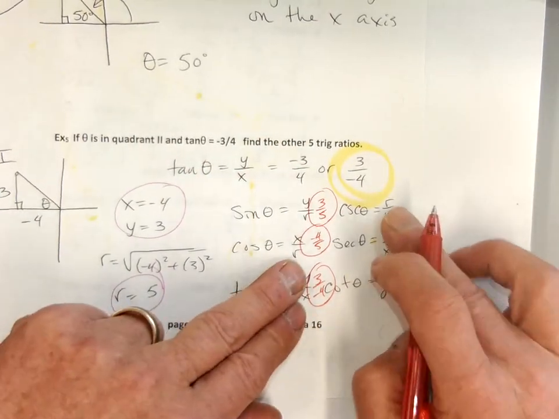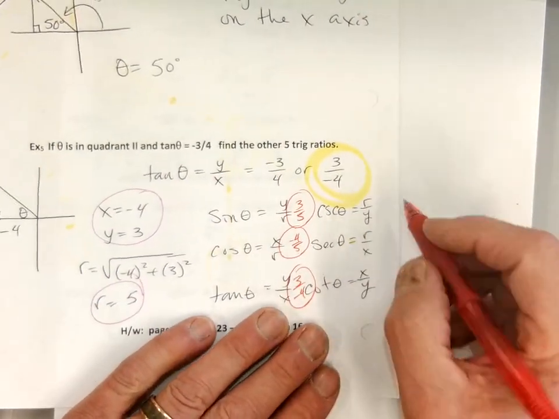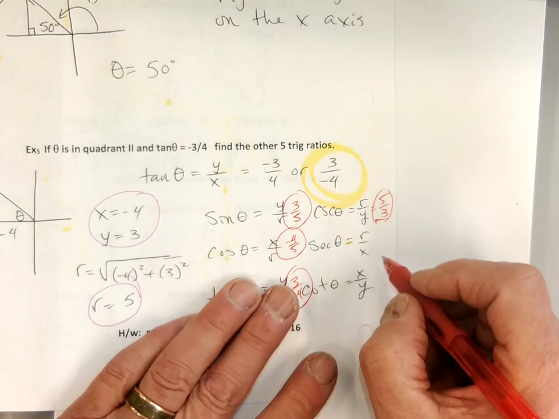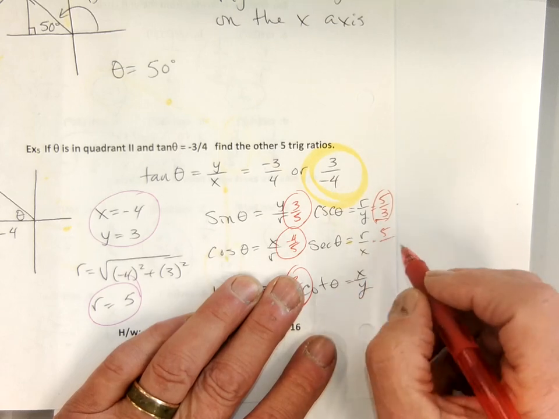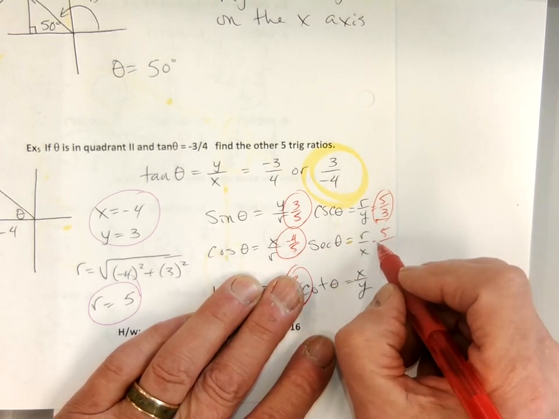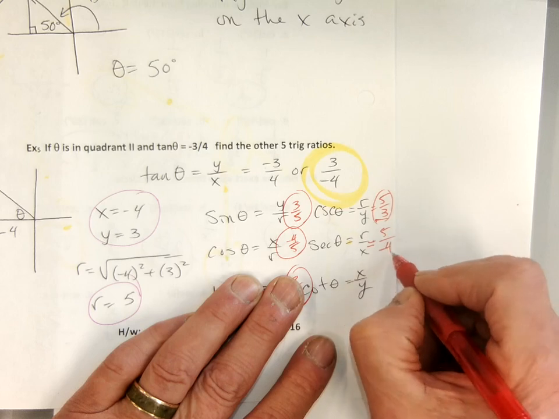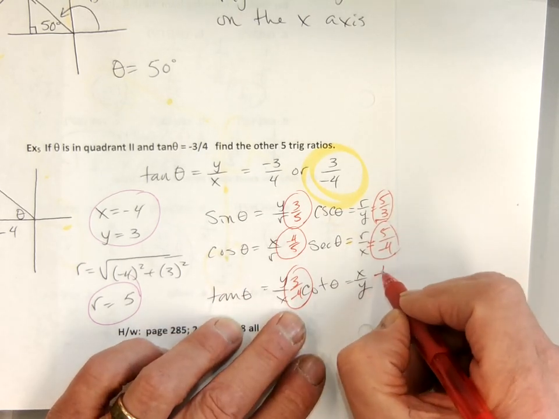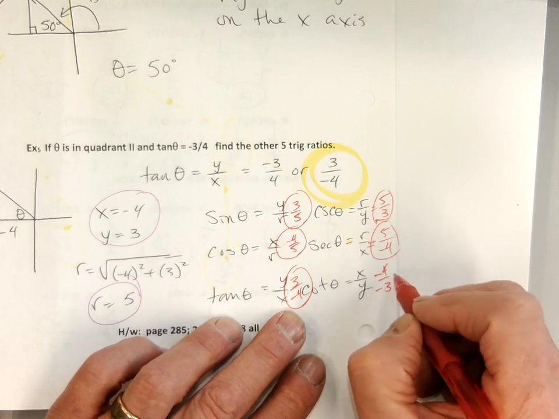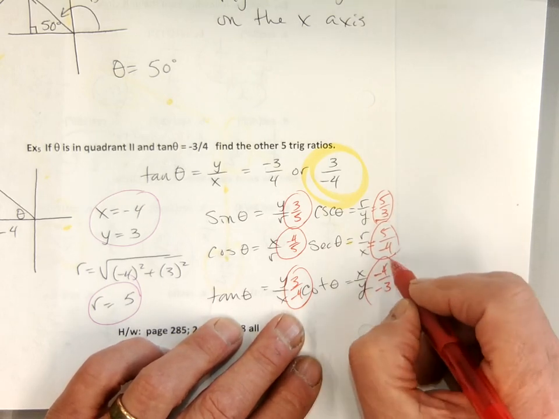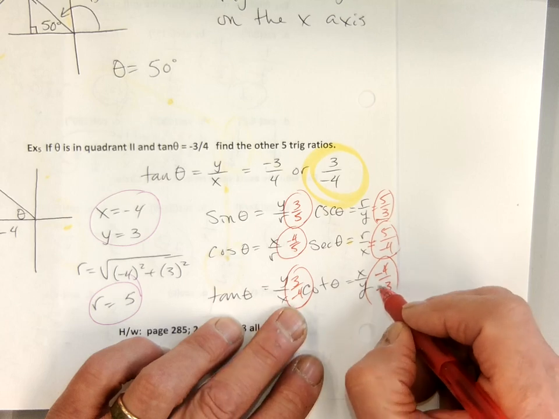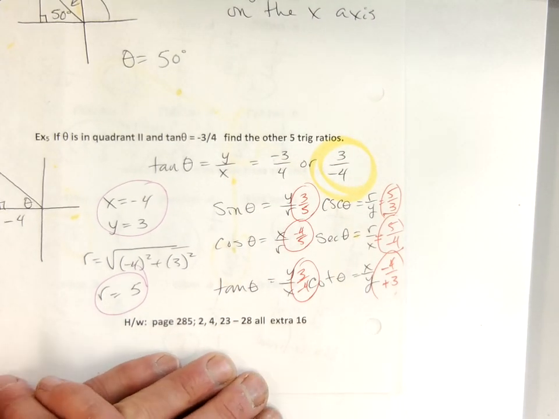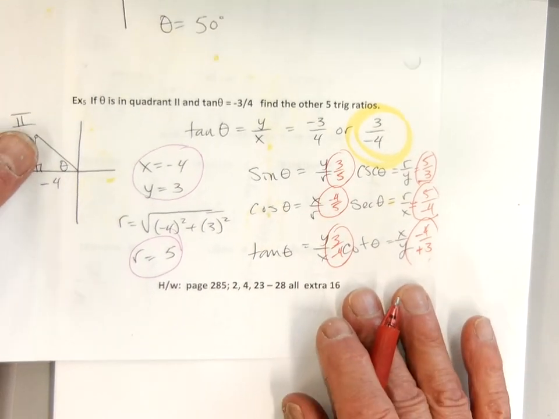Make it easy. Don't even bother, just flip these. They're just the reciprocals. 5 over 3. Secant, 5 over negative 4, and cotangent, negative 4 over 3. Okay. Oh no, that's a positive 3, my bad. How's that? Pretty easy? Lauren, did I make any mistakes? I didn't make any mistakes?